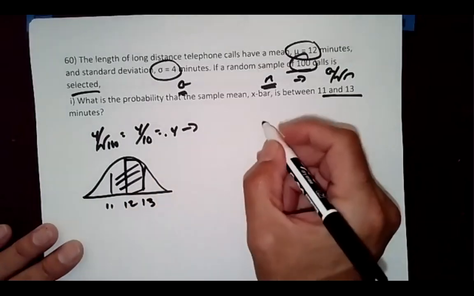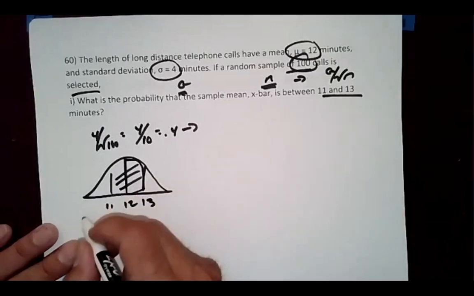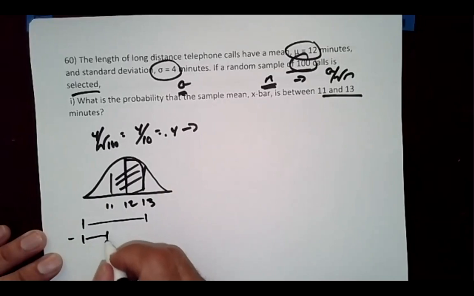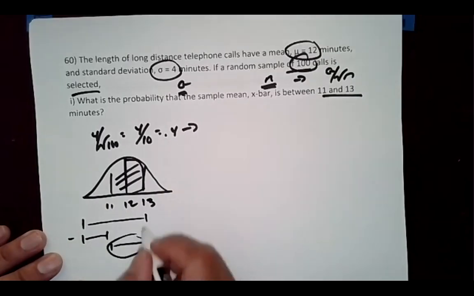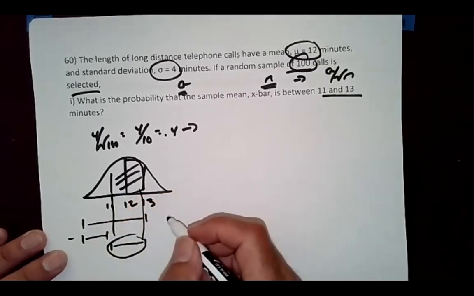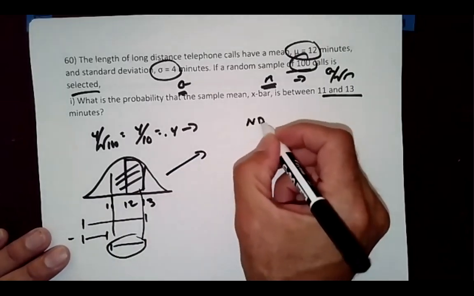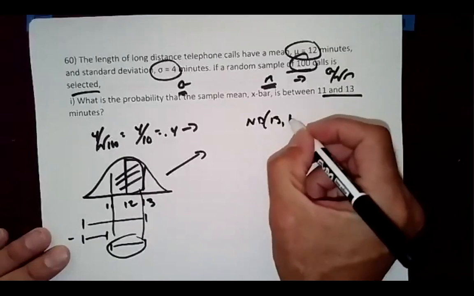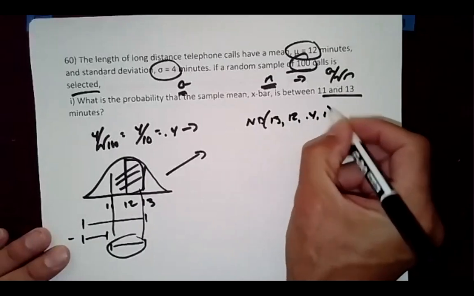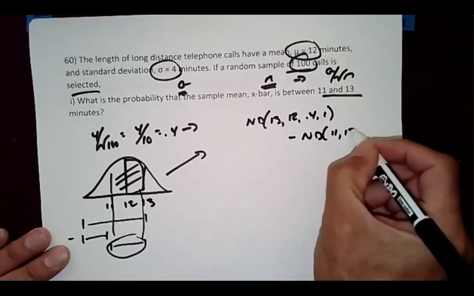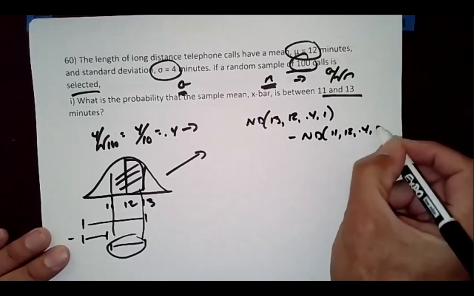The Excel command is going to be from the 0 point up to 13 minus the 0 point to 11, to give this net area right up here. So the Excel command is going to be NORMDIST(13, 12, 0.4) minus NORMDIST(11, 12, 0.4).